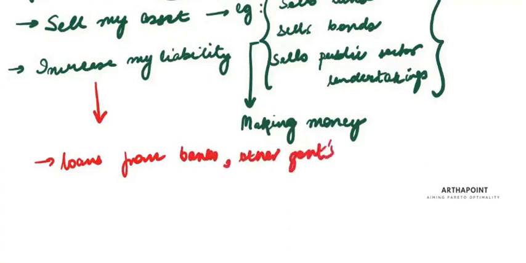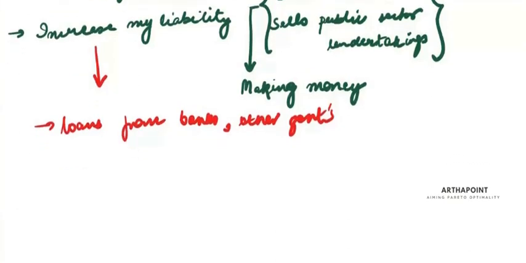Whenever you are involved in taking loan, that is when you are earning money. Of course, you have to repay the loan, and when you repay the loan, it is an expenditure. But for now, because you are earning that money, it comes as receipt of the government.